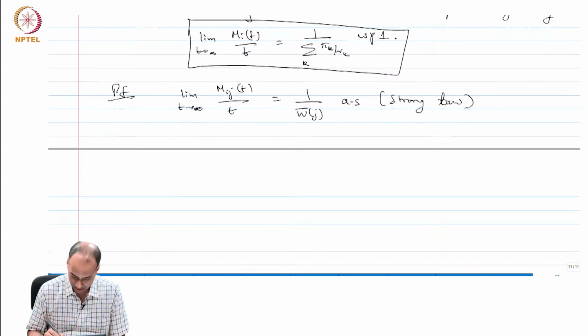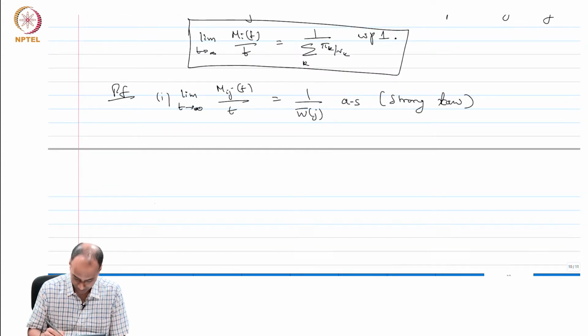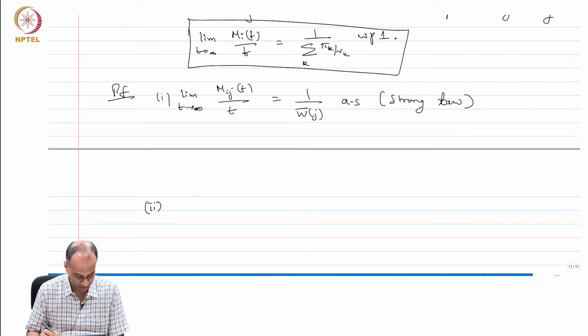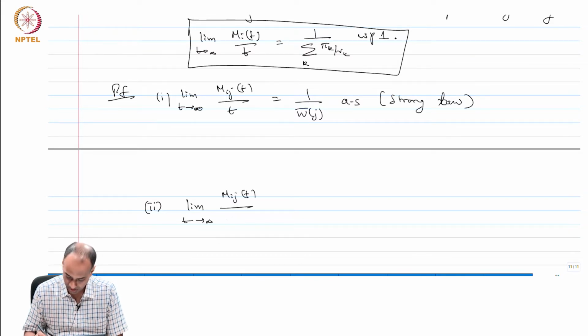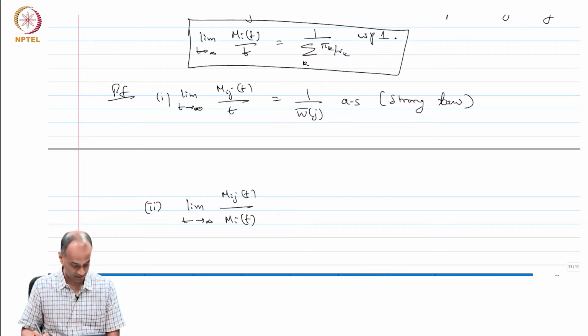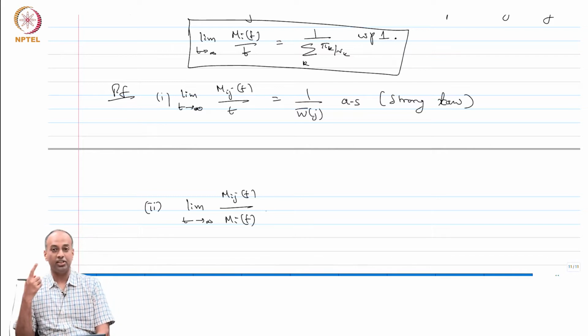What else do I know? So, this is one. If I look at the limit as t tending to infinity of mij of t over mi of t. So, mij of t is the number of returns to j until time t, and mi of t is the number of transitions made by the process until time t.